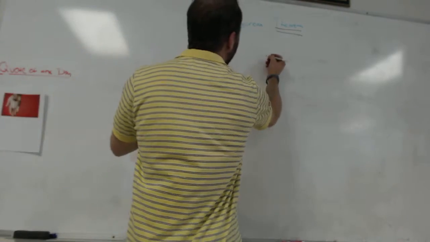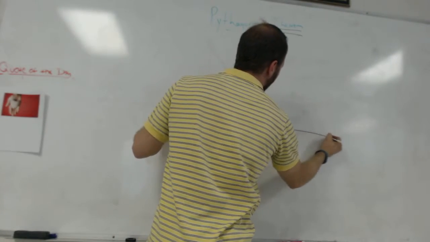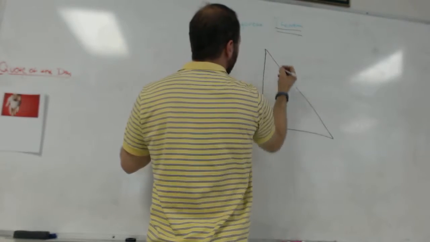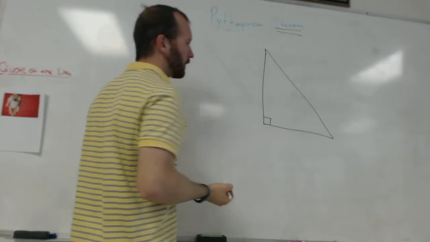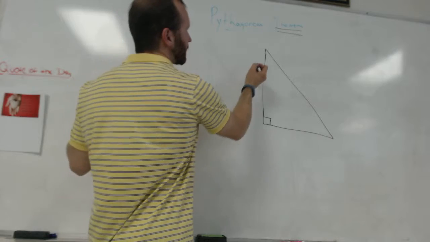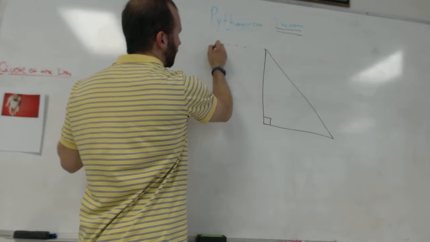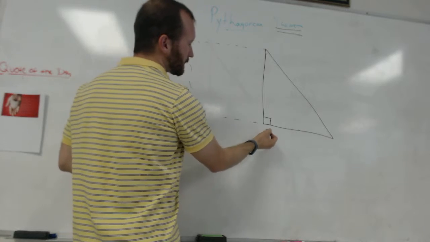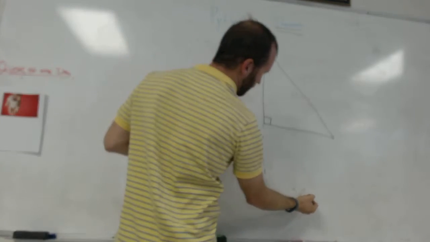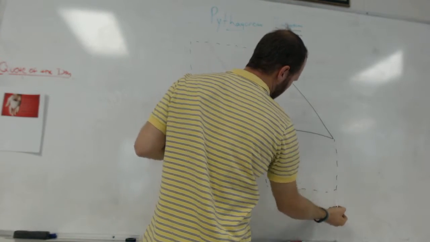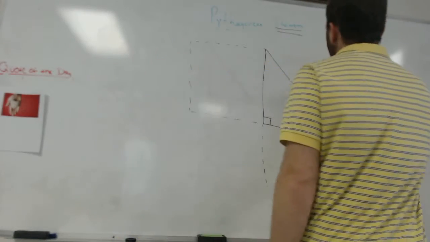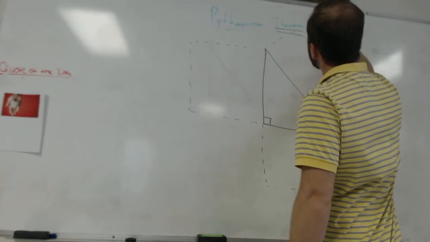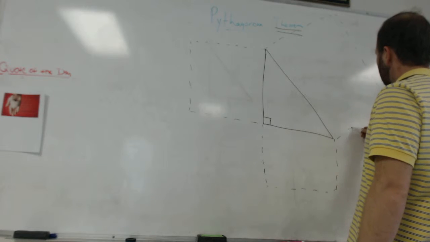So if we have a right triangle, what does the Pythagorean theorem actually say? Well, what it says is that the area of this square plus the area of this square is equal to the area of this square.